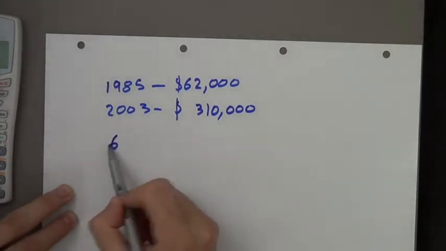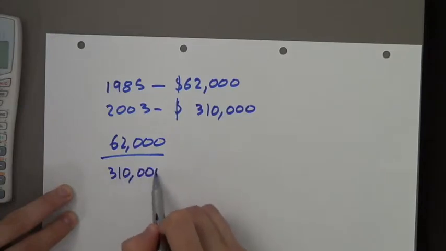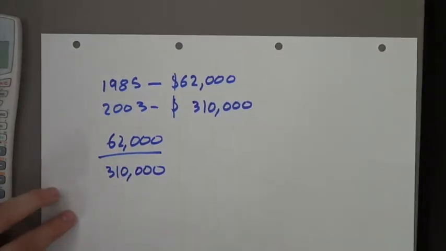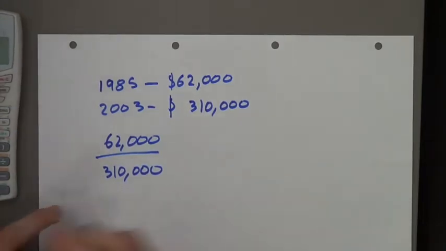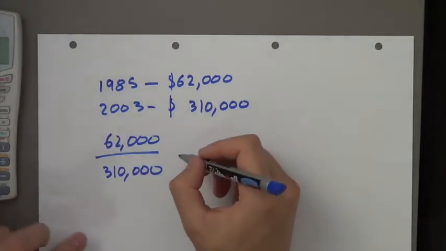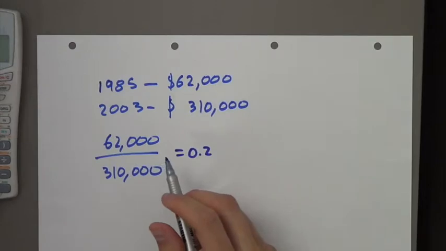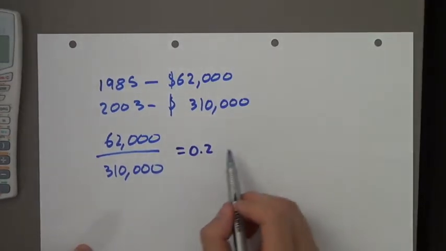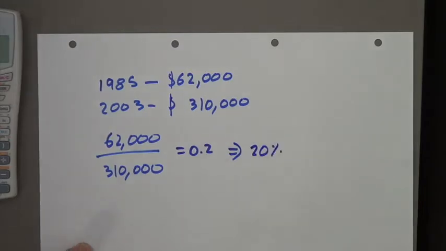We need to find the percentage. So you do this in our calculators. This is about 0.2. Okay, and to convert that into a percentage, times 100, and that's 20%.